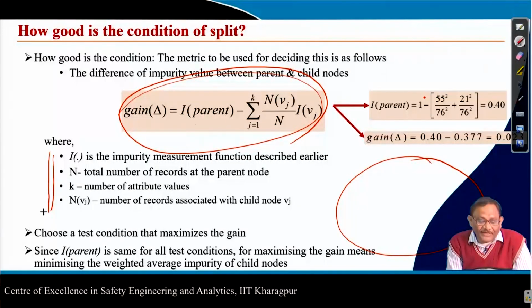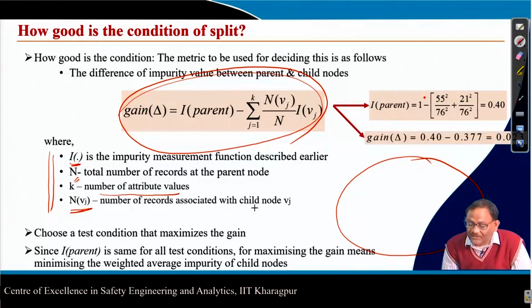I is the impurity measure function described earlier, that means Gini, entropy, misclassification error, all these things. N means the total number of records at the parent node, that you know. k is the number of attribute values, so j equal to 1 to k, and N(v_j) is the number of records associated with child node v_j.